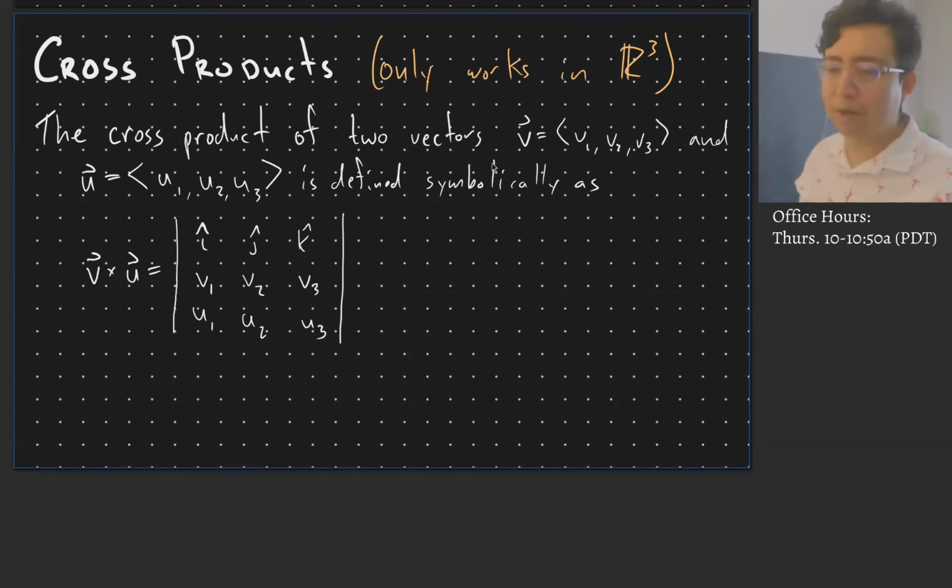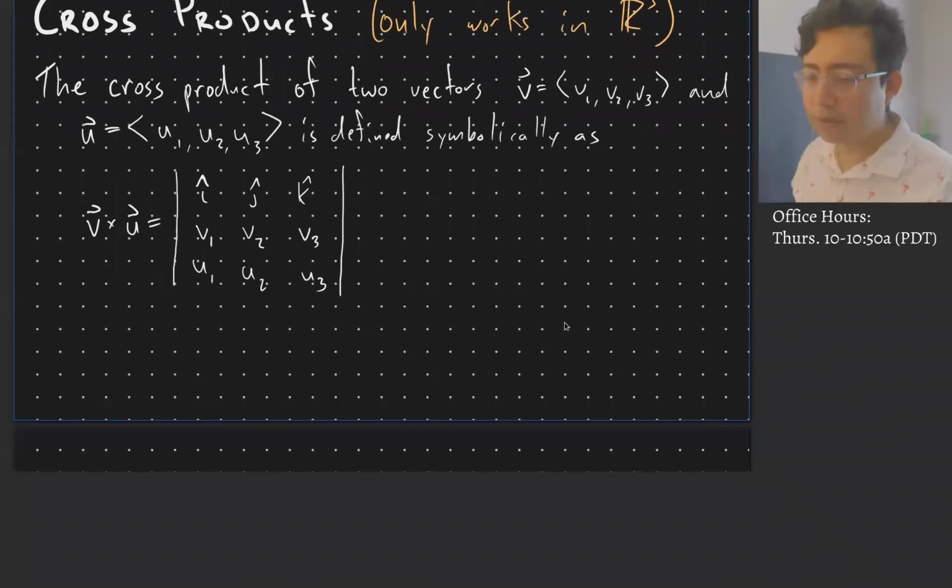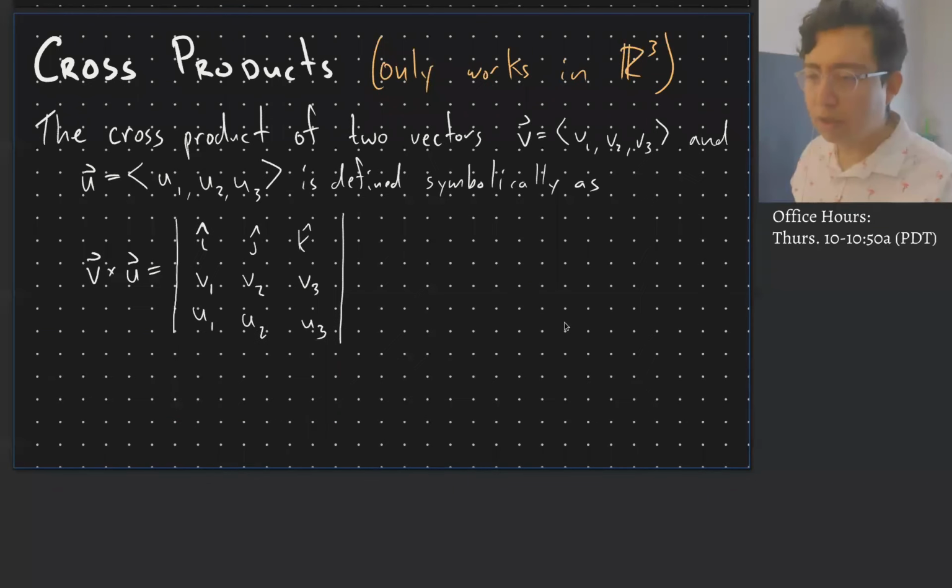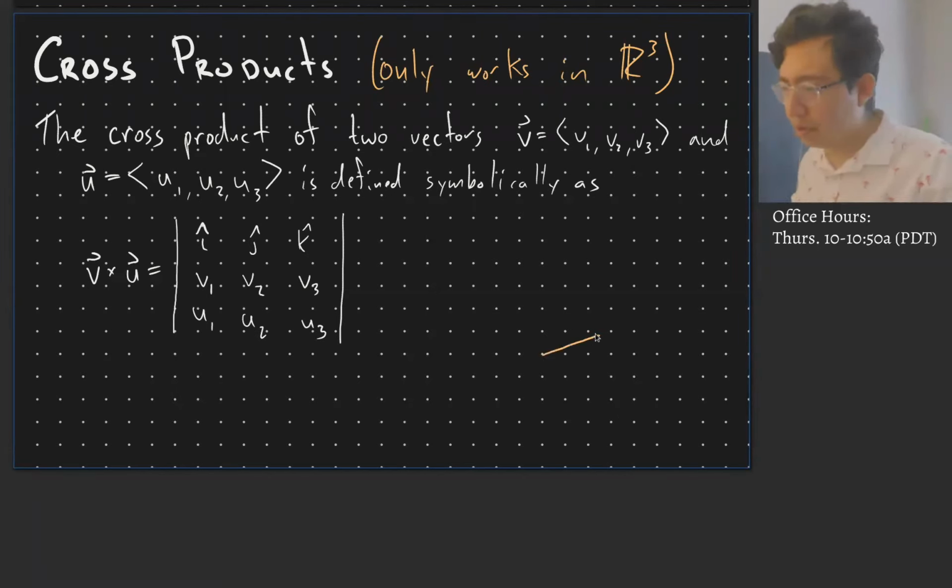Now, importantly, you're going to want to have some intuition as to what the cross product actually is. Basically, if you have the two vectors here, again, we should be living in 3 dimensions, so let me try my best to make that happen.